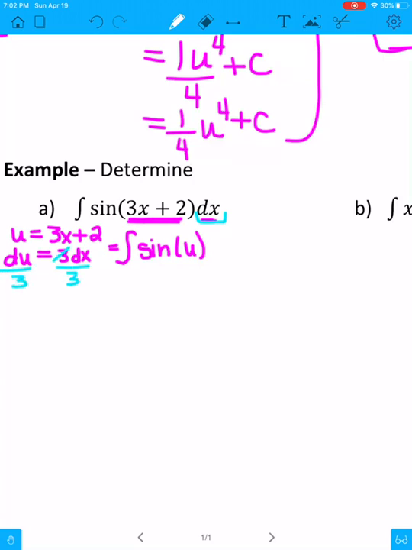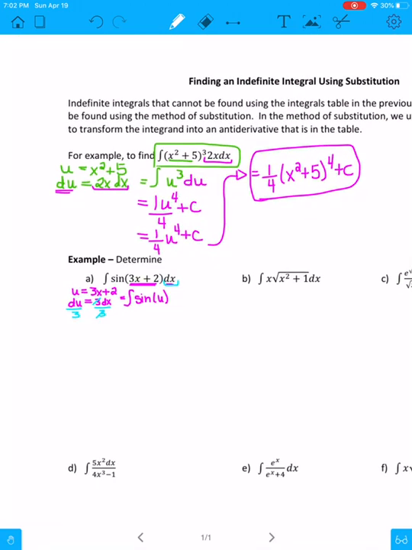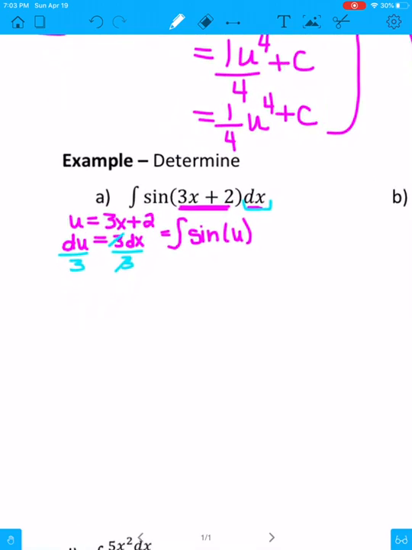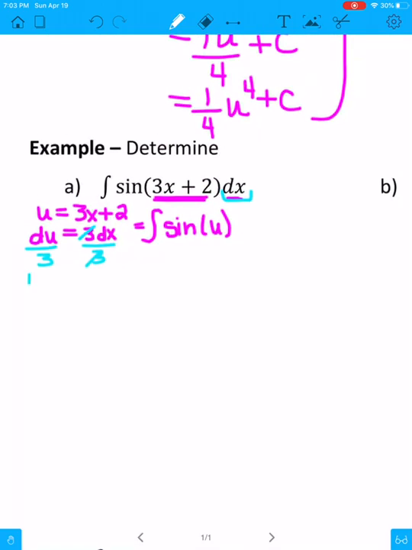So I have to do that first. Last time I didn't have to because I was replacing 2x dx, so I could just replace it with du. But this time I need to replace just a dx, not a 3 dx. So I have to move the 3 over. So I'm going to get 1/3 du equals dx.